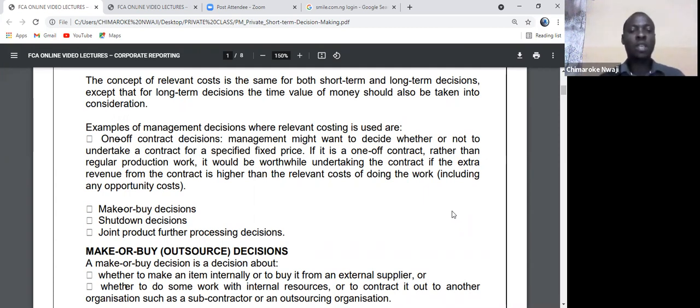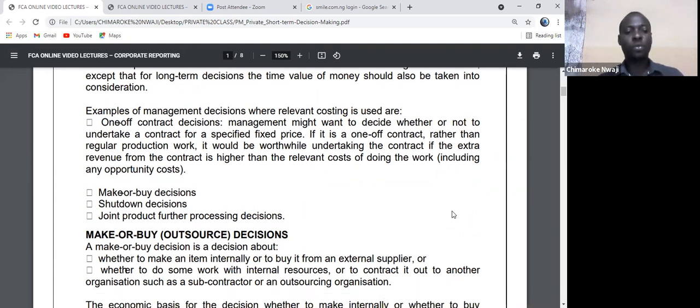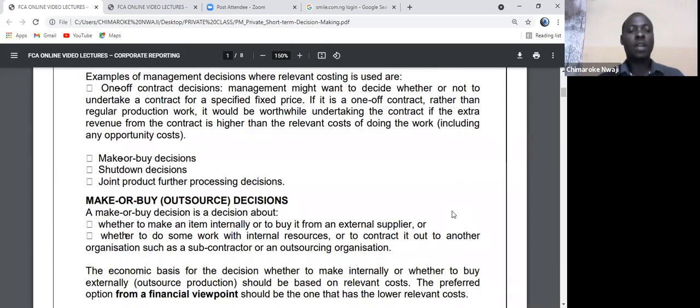Now, whether to make an item internally or to buy some from an external supplier, or whether to do some work with internal resources. It means if you have a job to do, it may not be production, it's services. Let's say you are a tailor or a fashion designer, and you have plenty of jobs.